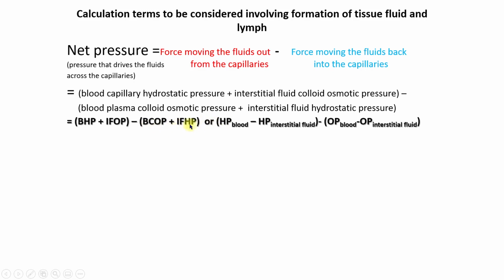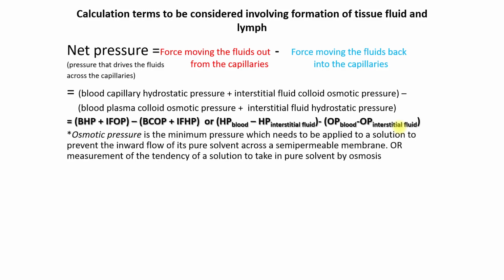Or you can simply rearrange again into this formula, which is hydrostatic pressure of blood minus hydrostatic pressure of interstitial fluid, minus osmotic pressure of blood minus osmotic pressure of interstitial fluid. So it depends on you which formula you want to use. Apparently they are the same.